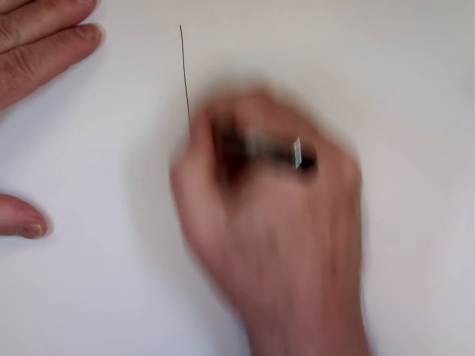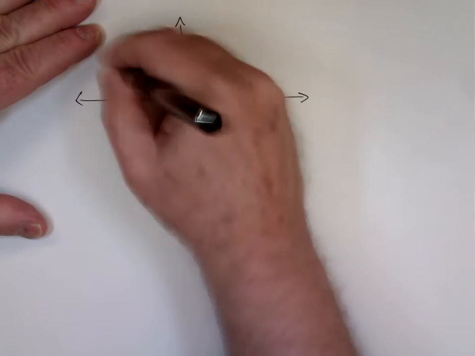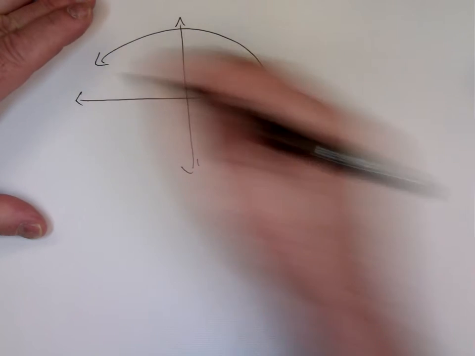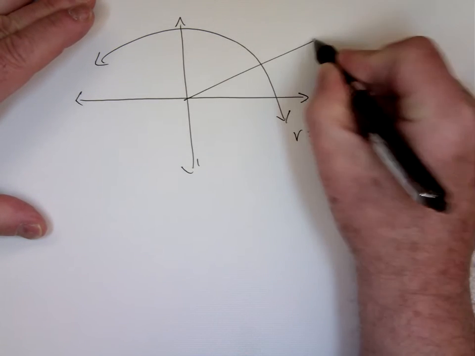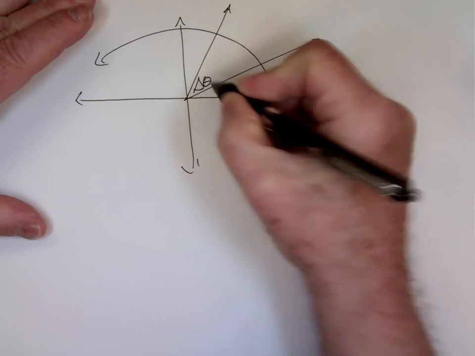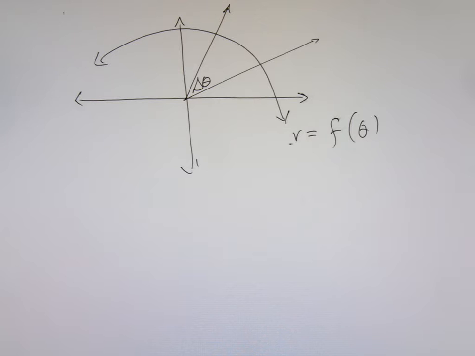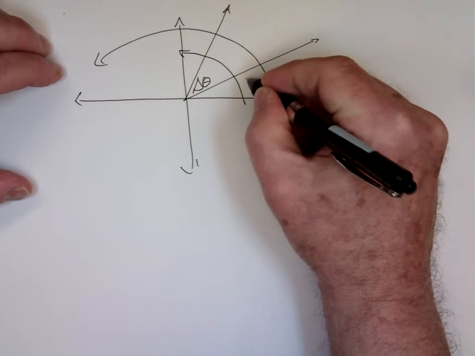We have to take this r in terms of theta, and we have to get a piece of this area in terms of delta r's and delta thetas instead of delta x's and delta y's. And that's exactly what we're going to do. This distance here is delta r.